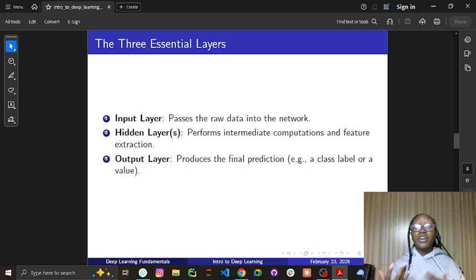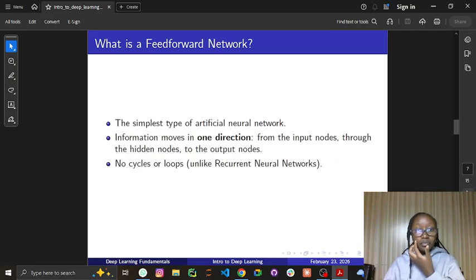It is the final verdict, and it has 10 neurons, for digits 0 to 9, and the one that glows the brightest is the network's guess. This is called feed forward because information flows in one direction: input, hidden, output, and there are no loops.